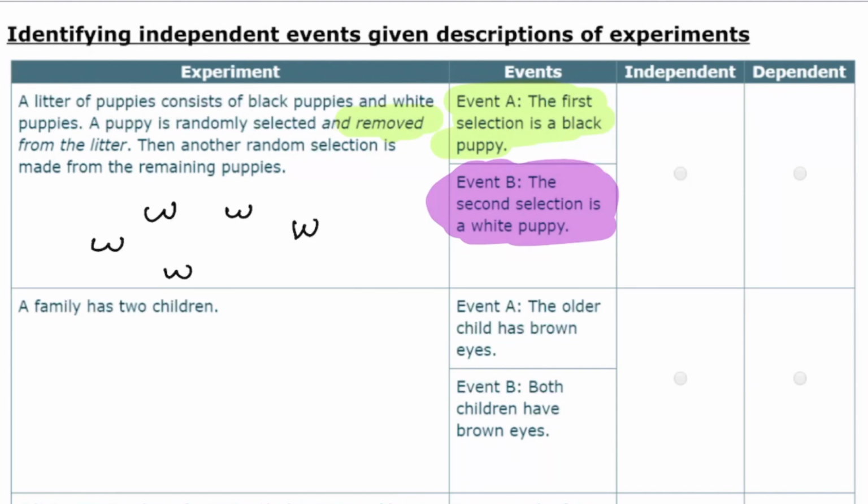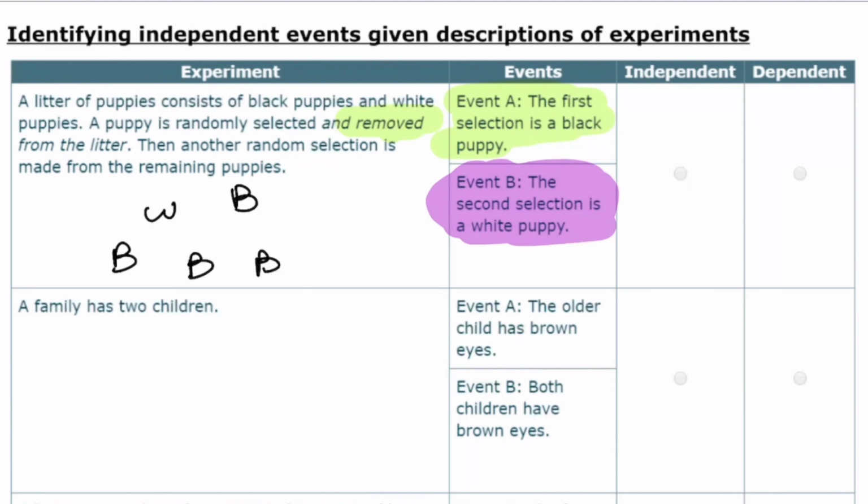But what if I changed it up? Let's say instead my litter looked like this. Again, I still have 6 puppies, except this time one of them's white and the rest of them are black. Let's go through it again. Event A, the first selection was a black puppy, so maybe it's this one.